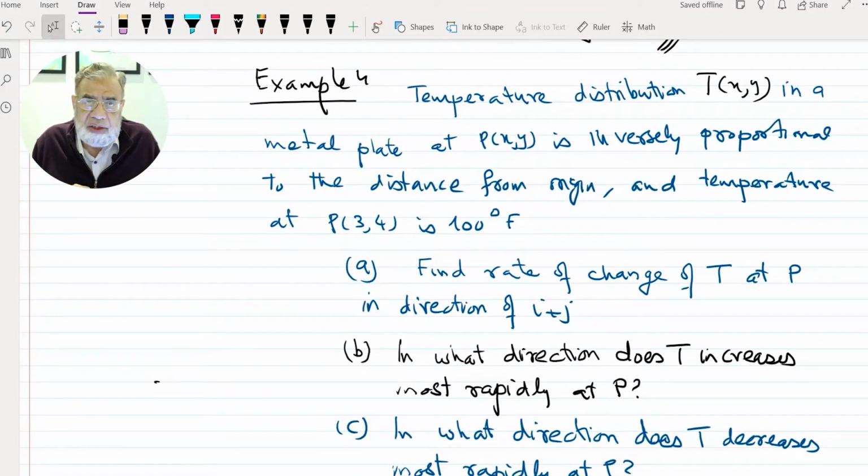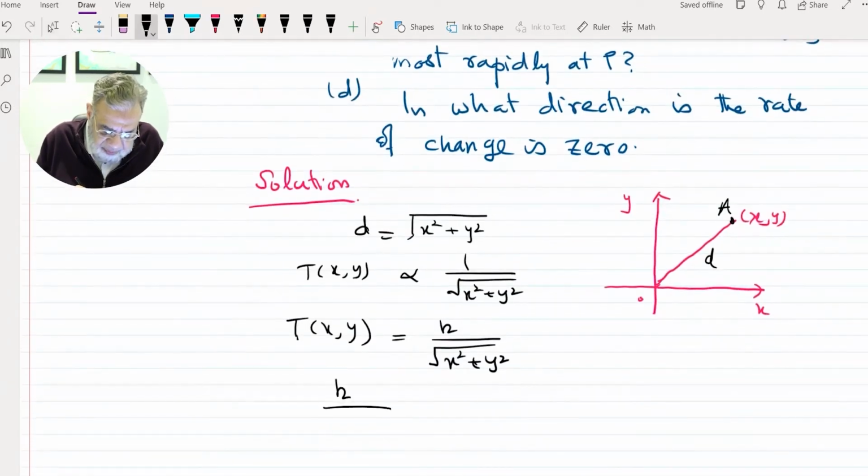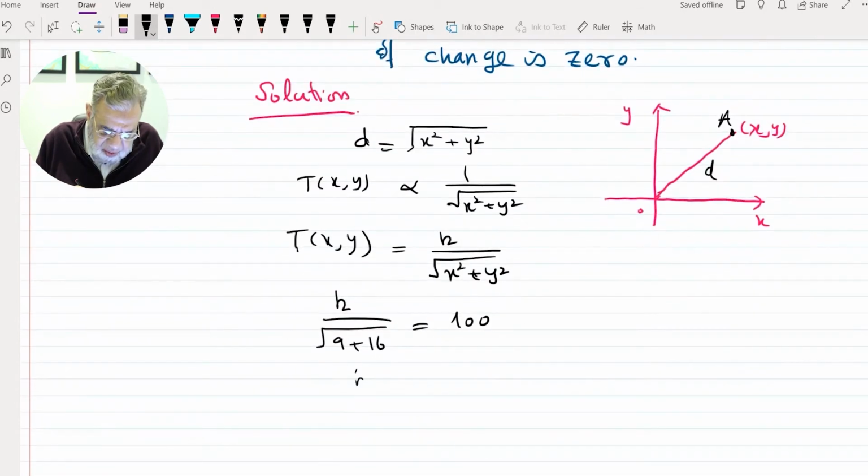So T(3, 4) means x equal to 3 and y equal to 4. When you take x equal to 3, y equal to 4, k over the root of 9 plus 16 is equal to 100. When you solve this equation, you get k over root of 25, which is 5, equal to 100, and this implies k is equal to 100 times 5, which is 500.